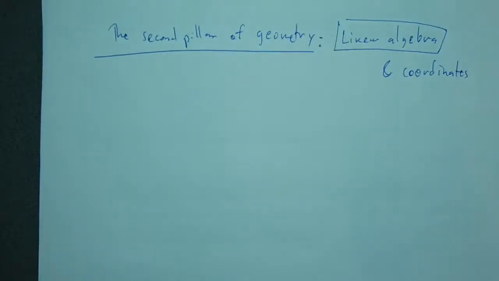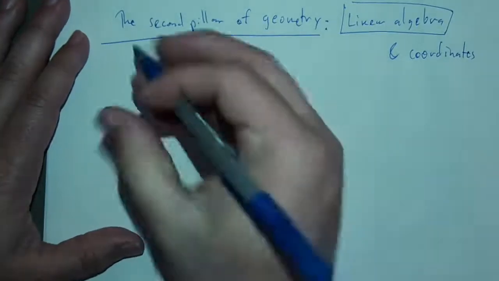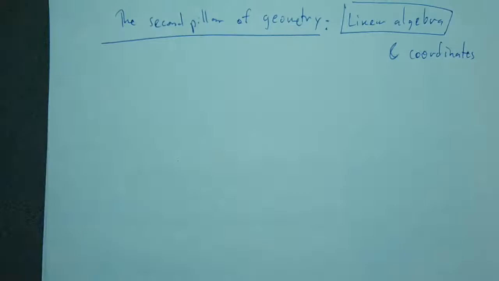Obviously I don't need to go through the reasoning behind using coordinates for you guys. You have been using coordinates for a long time in your math career. But if I'm trying to think of constructing these from geometry, how would I do that? Well, I would say I have two perpendicular lines.